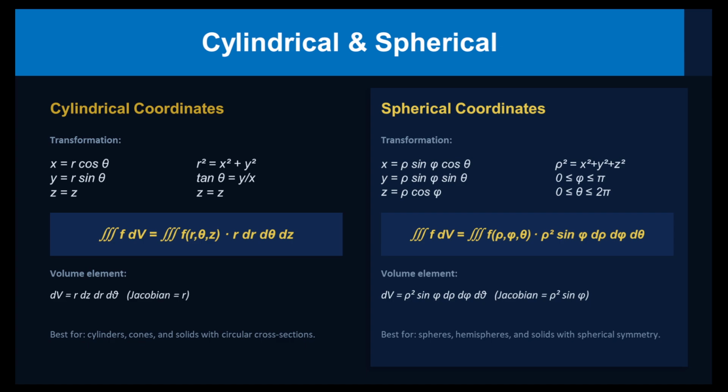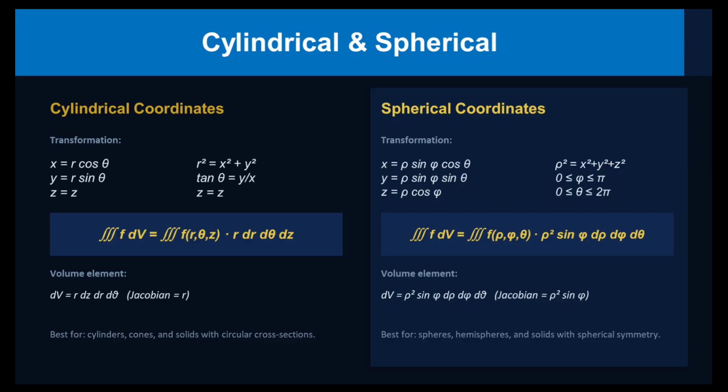Now let us see the spherical coordinates. The transformations are x equals rho sine phi cos theta, and y equals rho sine phi sine theta, and z equals rho cos phi. This coordinate system is useful for spheres and hemispheres.